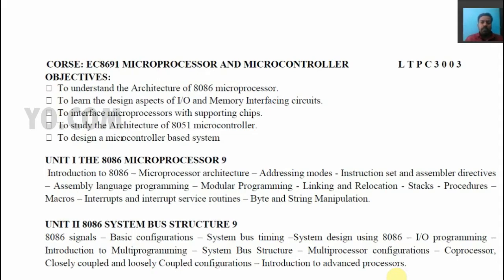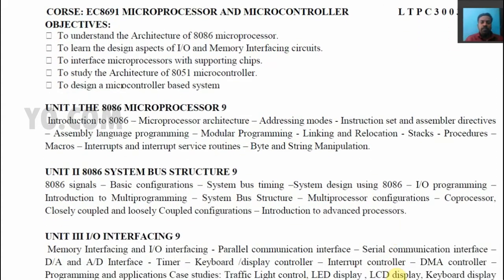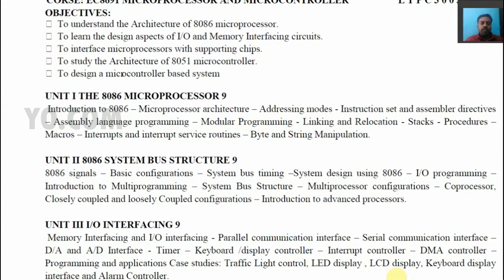Okay, see this first unit is the 8086 microprocessor. We are going to study the architecture, addressing modes, then instructions, then programming. These are the first unit. We are completely studying the 8086 basics in the first unit.